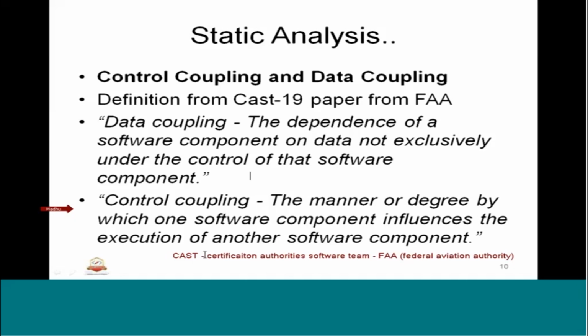Also the various components influencing the different components will have some sort of a controlling mechanism. That flow and the binding of the various components also will be analyzed. So with this analysis, control coupling and data coupling will be reported. So this will help in terms of the static analysis that is being reported.